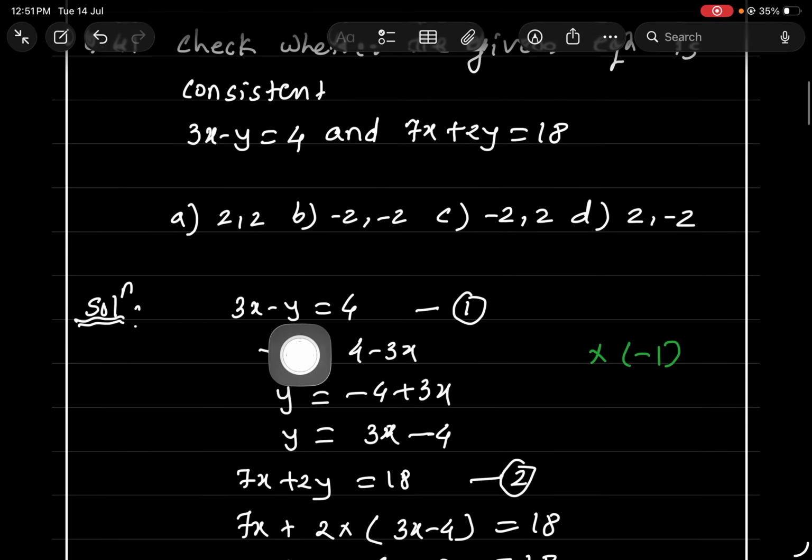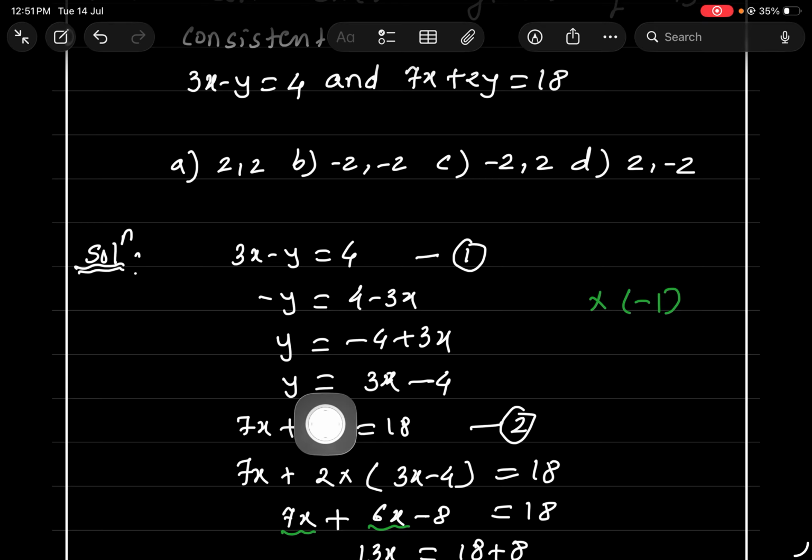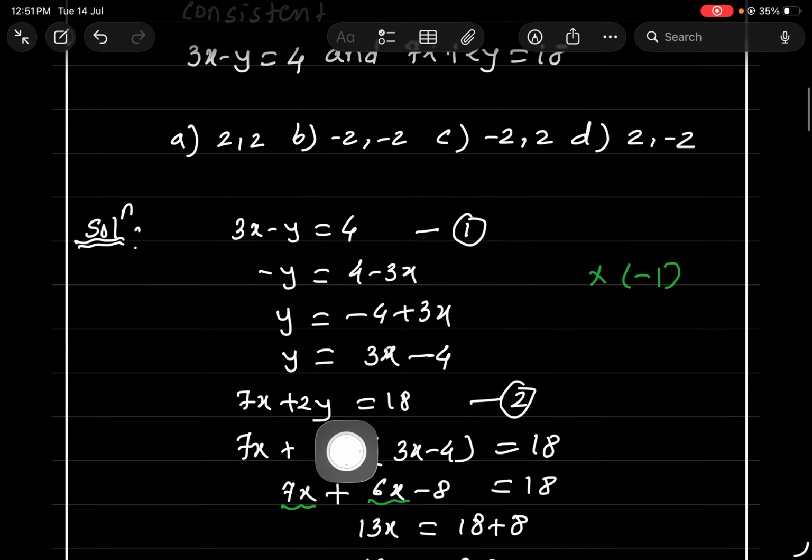Transposing 3x, we get minus y equal to 4 minus 3x, so we are writing the value of y first, which is the substitution method. I told you many times, in MCQs you can use any method. Since minus y is there, we multiply by minus 1, so it becomes plus. Rearranging the equation, y equal to 3x minus 4.